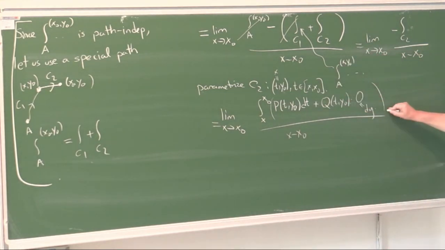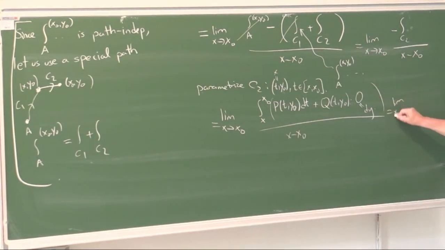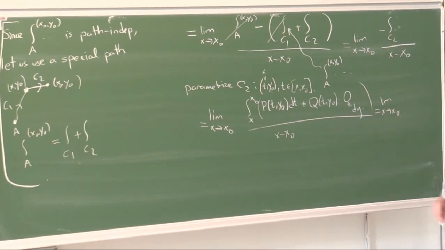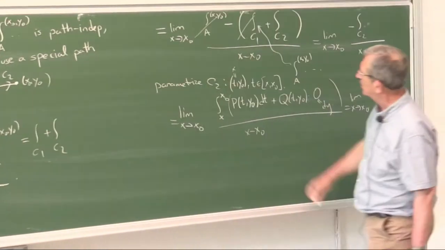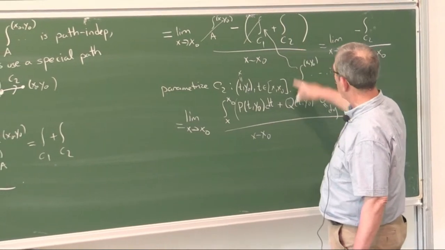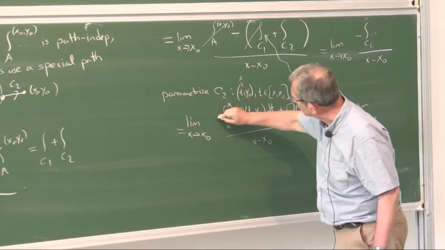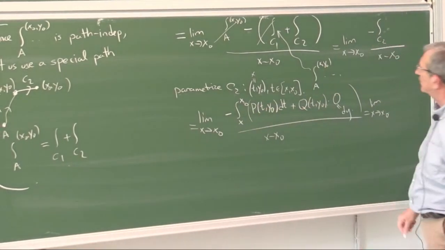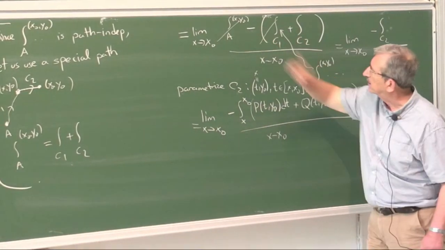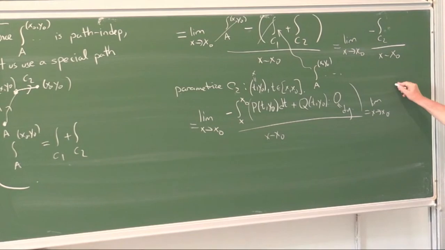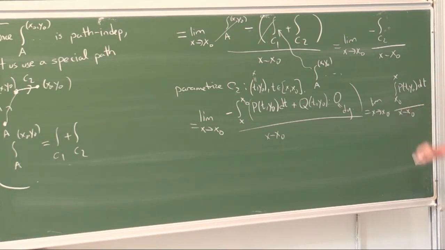Now this, of course, is the limit as x goes to x0 of... I used C2, but I have negative C2 there in front. This minus sign stays. So it is actually the integral from x0 to x of P(t, y0) dt divided by x minus x0.